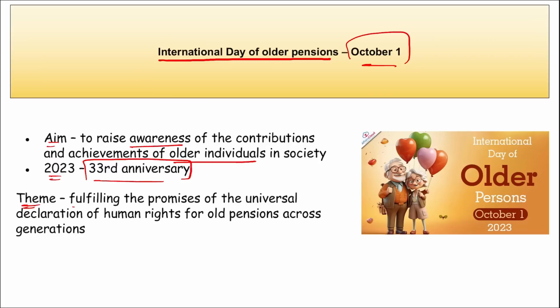The theme here is fulfilling the promises of the Universal Declaration of Human Rights for older persons across generations. Right? This is the theme for the International Day of Older Persons observed on 1st of October, and this year in 2023 it was the 33rd anniversary.